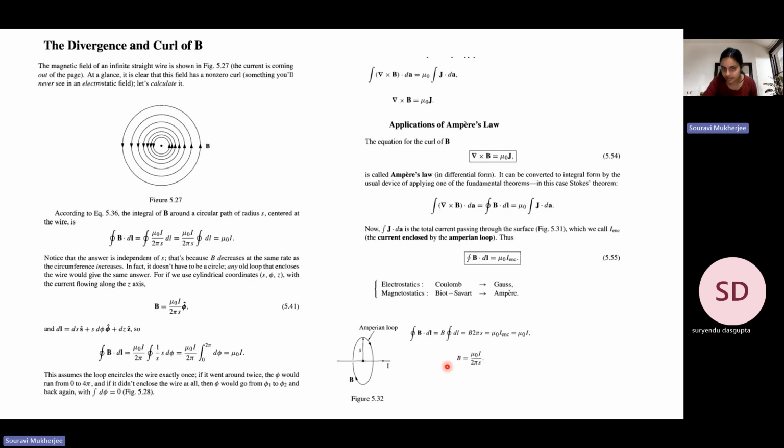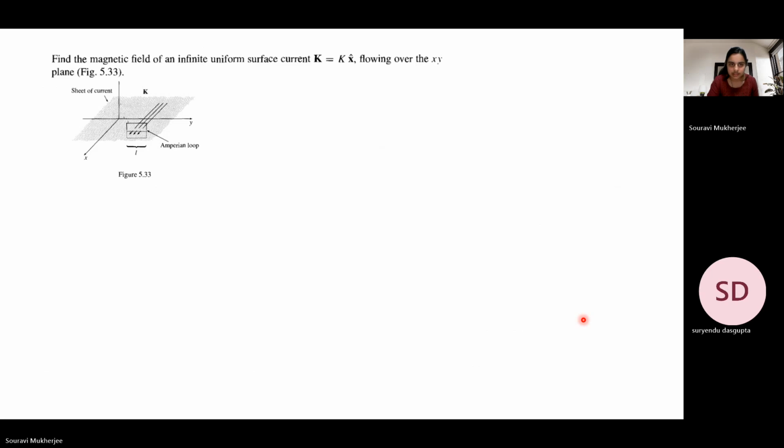So this gives you again the same formula of magnetic field for an infinite wire. So this is what we have just come up with: Coulomb's law, and then we got Gauss's law. The analogous thing is Biot-Savart law, and then Ampere's law. Later we will see that there are certain modifications in Ampere's law.